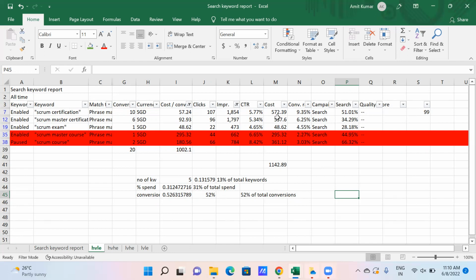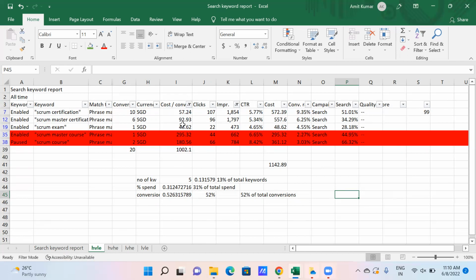Cost per conversion here is more than 48 because the efficiency is low. So if the median value is 48, everything should be more than 48.